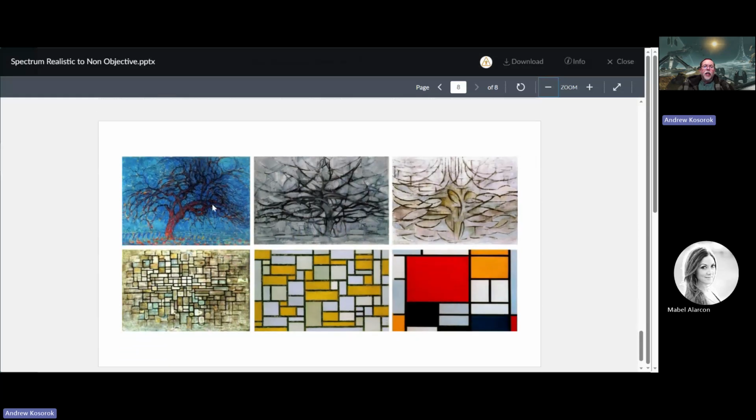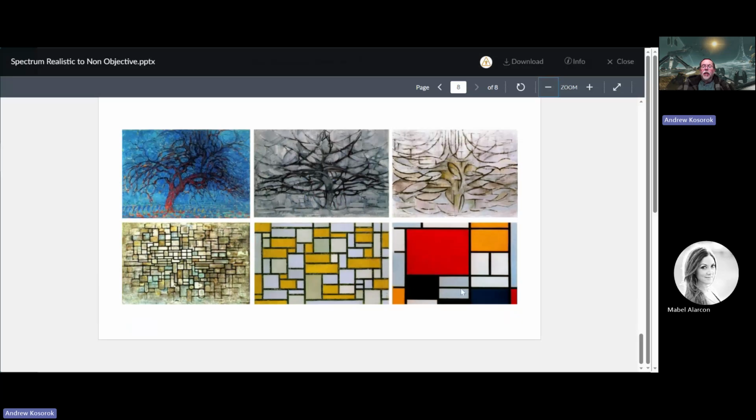And you can see him pulling further and further away from the natural world, where he's sharing fewer and fewer ideas with what everybody else is seeing, till we get to the point where this is inspired by a tree, but unless you know his philosophy, it's impossible to see the tree anywhere there.